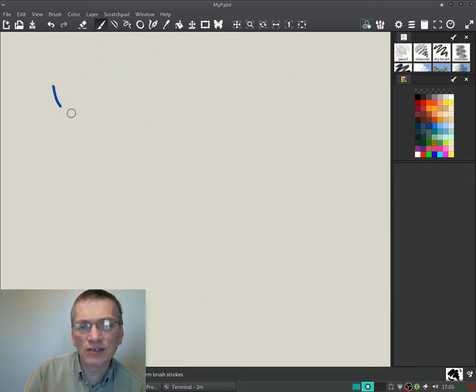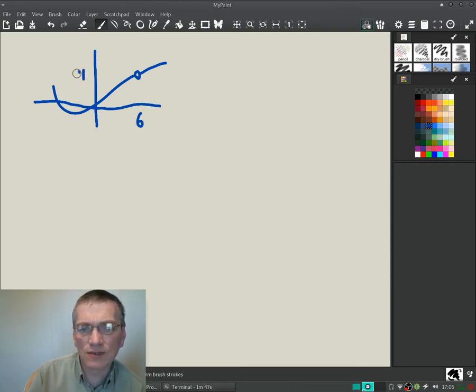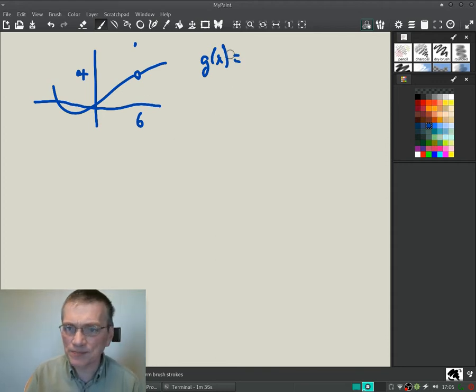Let's say we had some weird function like this. Here are the axes. Say this is 6 out here and this is 4. But at this point there's a completely different value. So there's g of x. I'm going to call this a piecewise function.